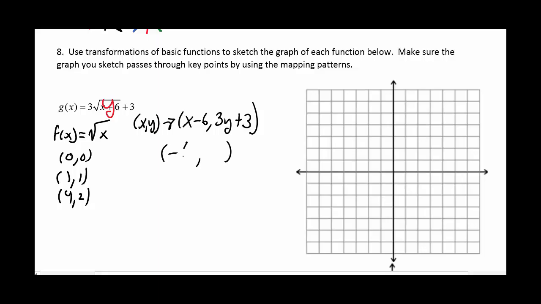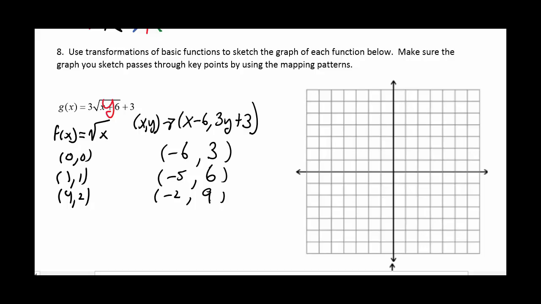So 0 minus 6 is negative 6, 1 minus 6 is negative 5, and 4 minus 6 is negative 2. Same thing for the 3y plus 3: 3 times 0 plus 3 is 3, 3 times 1 plus 3 is 6, and 3 times 2 plus 3 is 9.